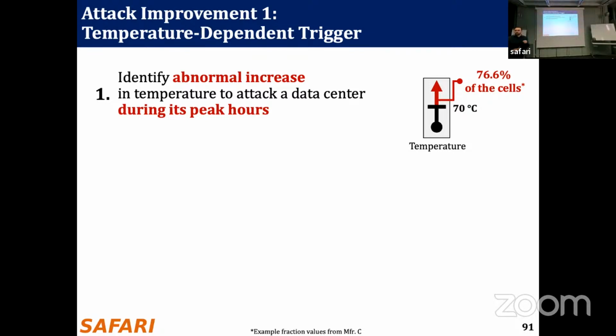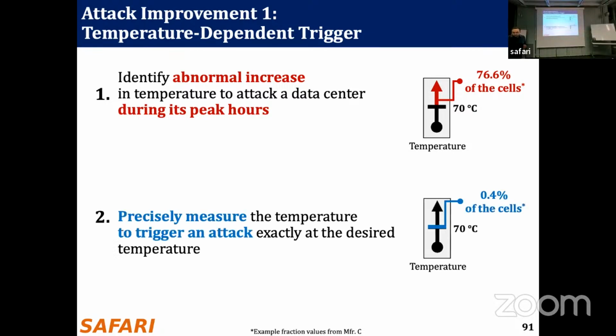So if you look at those DRAM cells, you make them victim cells and then you attack them. If you observe a bitflip, you can understand that the temperature is above 70 degrees Celsius, right? So you can identify some abnormal increase in temperature to attack a data center during its peak hours.